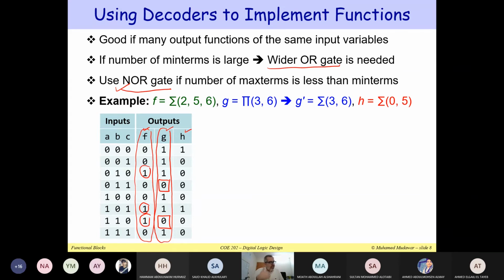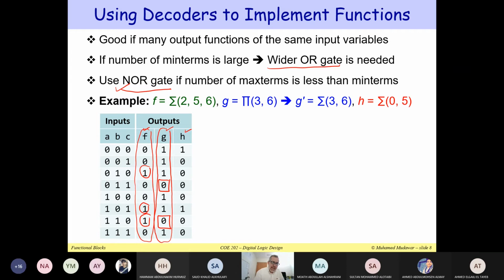And because the output is inverted, it can produce a 0 rather than producing a 1. Now, this will be simpler. We can reduce the cost of the implementation by using a NOR gate when we would like to implement max terms, when you have a fewer number of max terms.